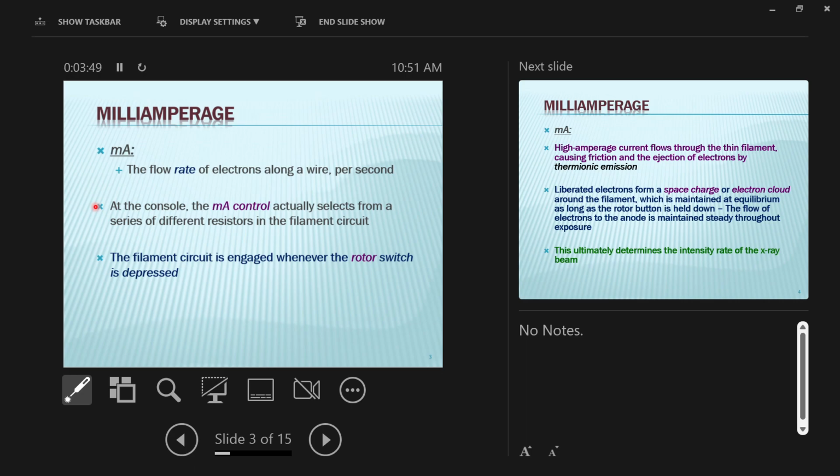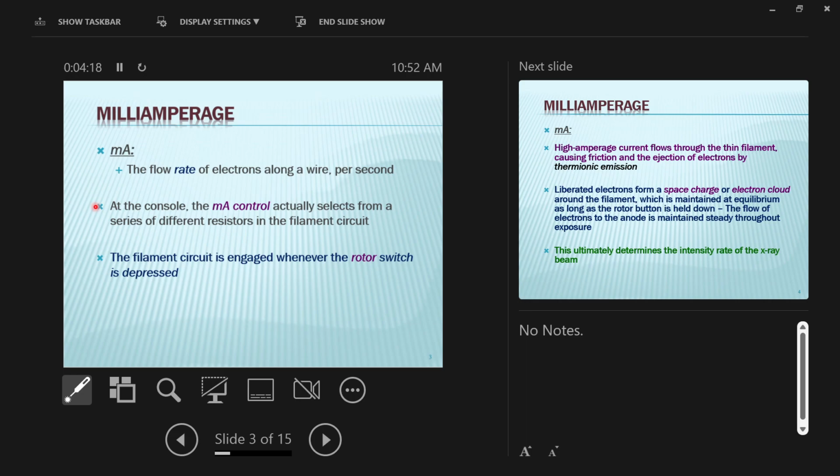So in the X-ray room, let's go over to the control console. When you switch between 50 mA and 100 mA, you're raising the amperage, right? So you are lowering the resistance in the wire that's controlling this stuff, okay? Cutting the resistance in half, the voltage is fixed, so cutting the resistance in half doubles the amperage. Going from 50 mA to 100 mA is a doubling of the amperage, so we have to cut in half the resistance.